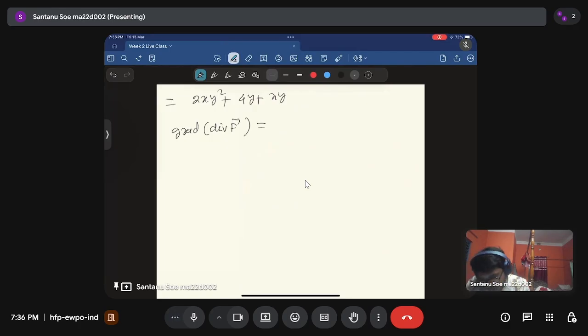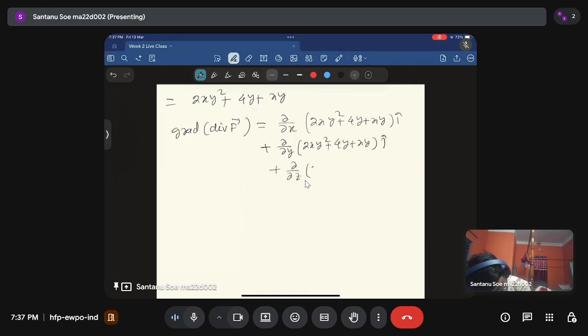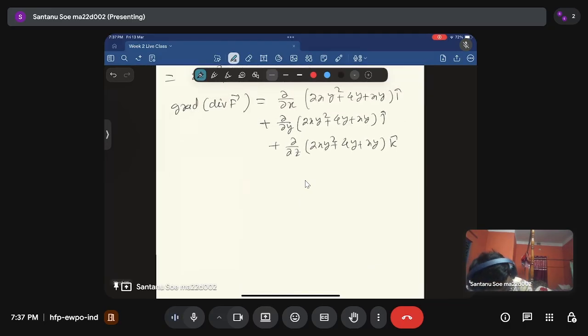So this is going to be del x of (2xy square plus 4y plus xy) i cap plus del y of (2xy square plus 4y plus xy) j cap plus del z of (2xy square plus 4y plus xy) k cap.